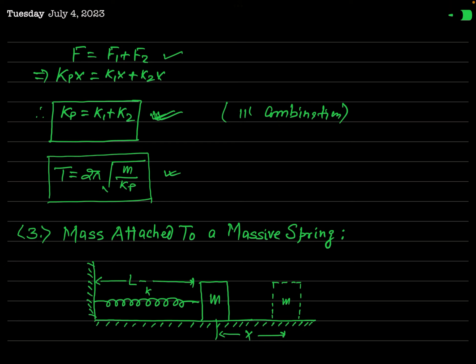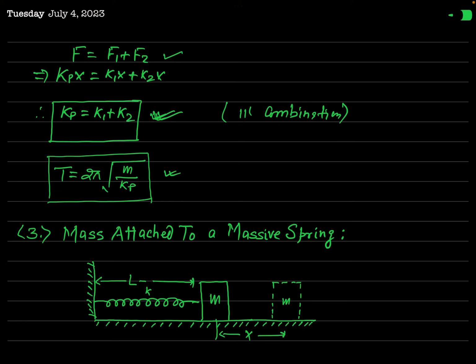So now we are going to consider the spring mass system having a massive spring. So you can see this figure. In this figure I have again shown a spring of length L, attached to a mass m, and the other end of the spring is again attached to a wall, and the block has been placed on a smooth horizontal surface.